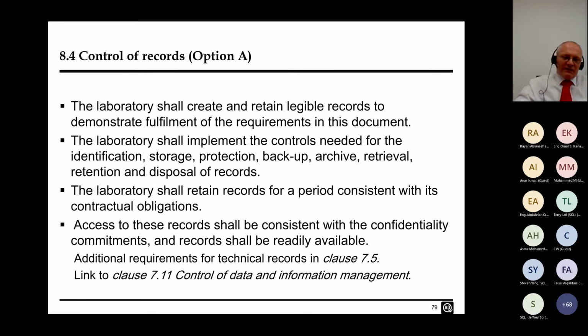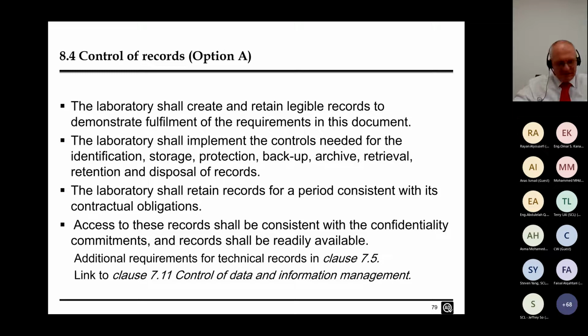You need to make sure that the access to the records is consistent with the confidentiality commitments. So they have to be readily available, but they also have to be confidentially stored. So you need some login or some access restrictions. This is, of course, a balance that's frequently in place. We talked about technical records in 7.5.